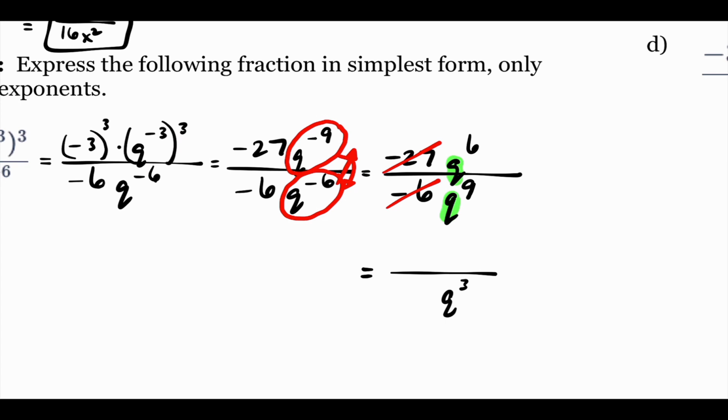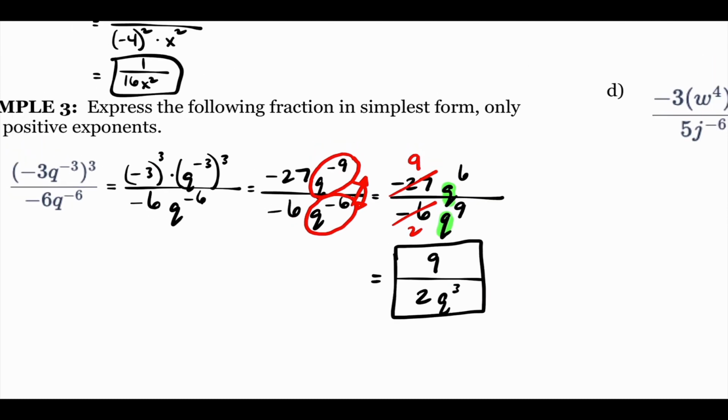So when I divide them by negative 3, I get positive 9 on top and positive 2 on the bottom. Okay, then you're done.